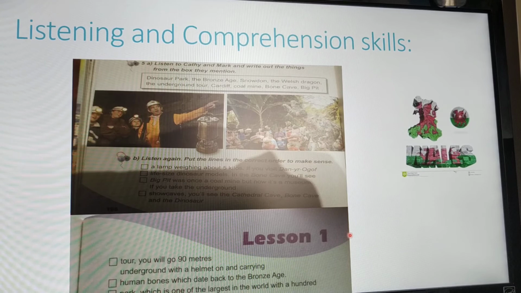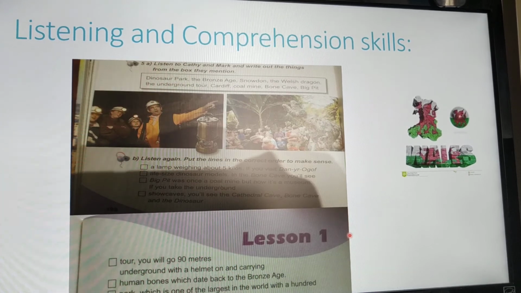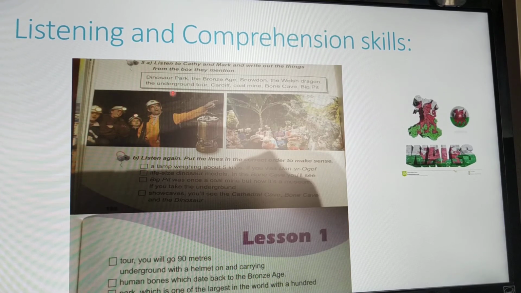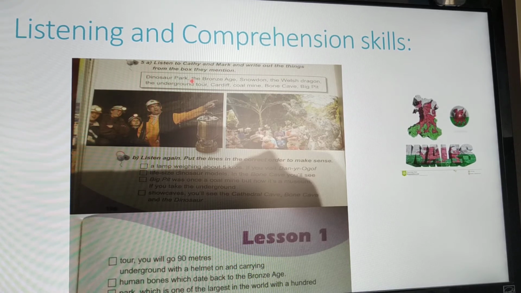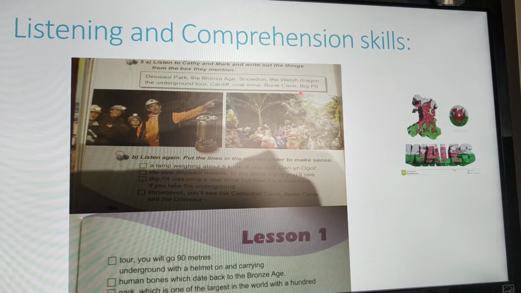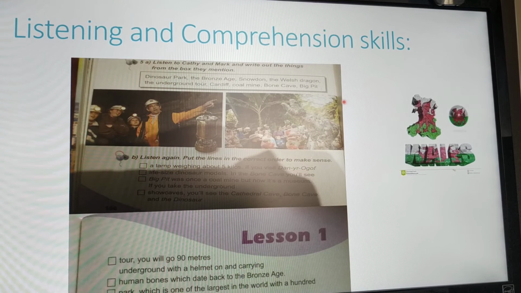Let's move on. Now we will check your listening and comprehension skills. You will have to listen to the tape recorded 2 times and to perform the following task. The first one, listen to Kathy and Mark and write out the things from the box they mention. So from this box you have to write just those words that will be mentioned.